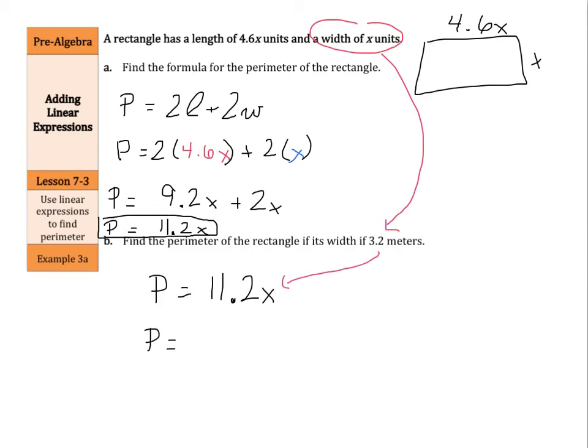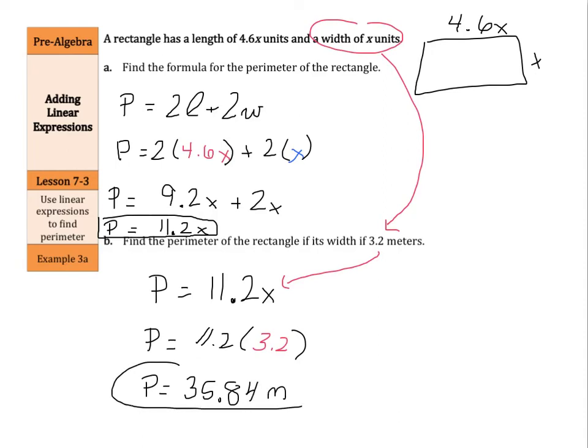So perimeter is going to equal 11 2/10 times 3 2/10. And when you multiply those two numbers together, your resulting perimeter is 35 84/100 meters. And that's our final answer there.